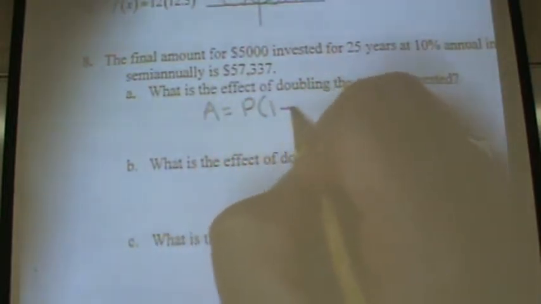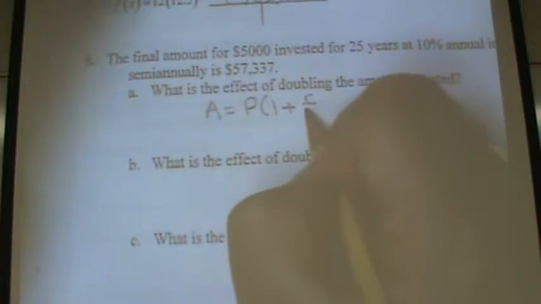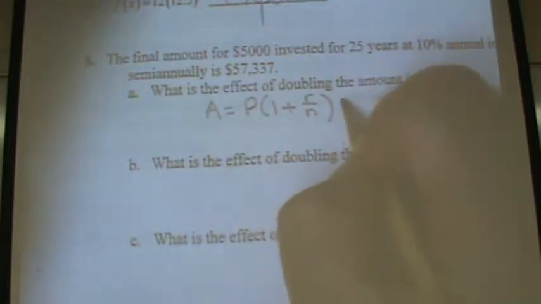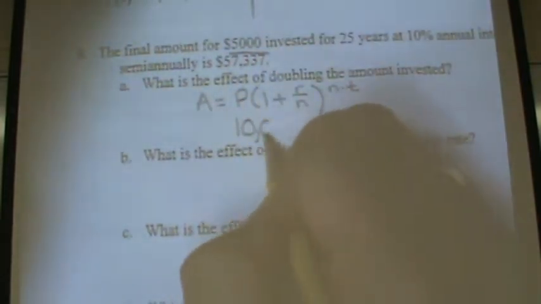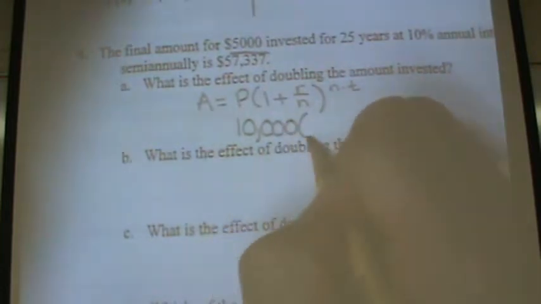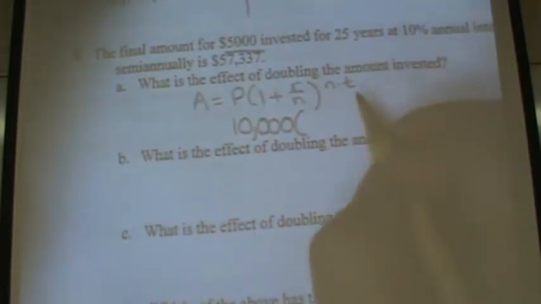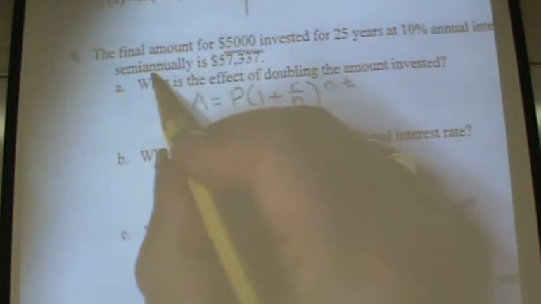How do you double 5,000? So instead of investing 5,000, I'm going to invest 10,000, double it, for 25 years at 10%, compounding semi-annually.